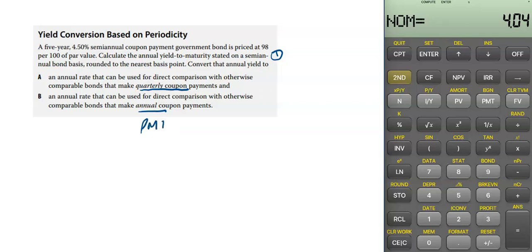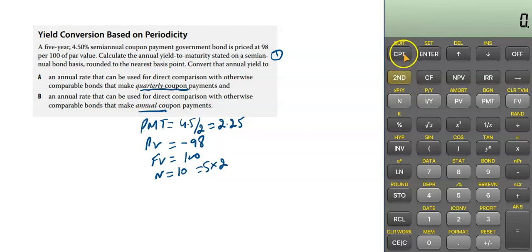So first of all, calculate the annual rate in a 6 monthly bond. So PMT is 4.5 over 2, 2.25. PV is 98. FV is 100. N is 10, 5 into 2. So let's calculate.